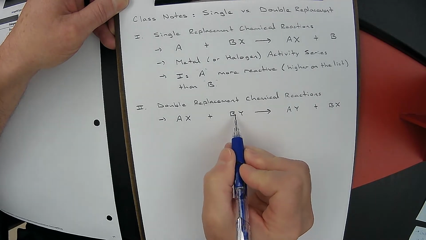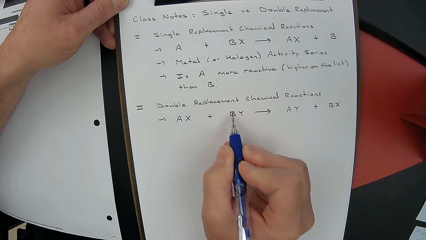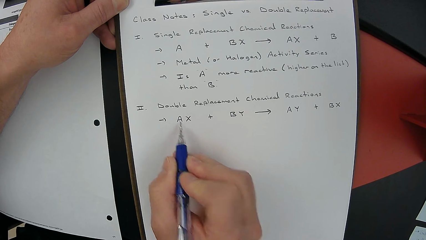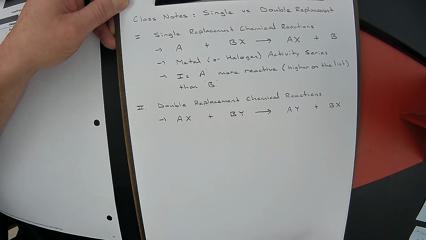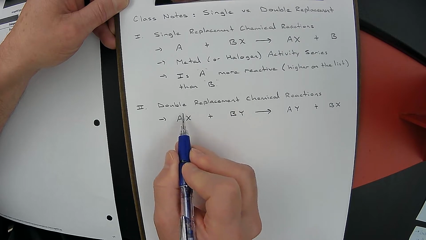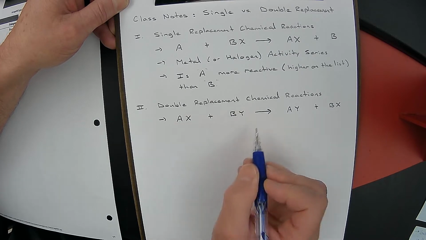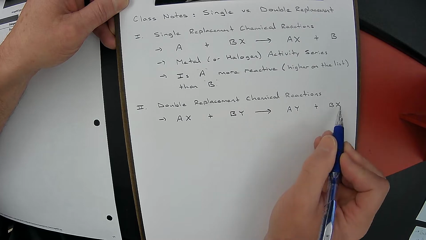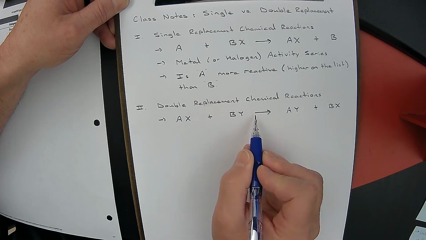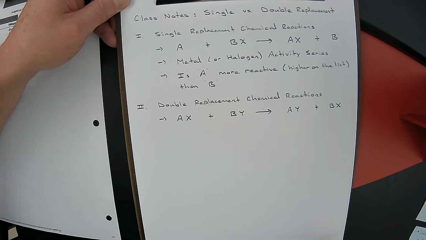Notice I write B first because in this case B is going to be the positive and X is going to be the negative. And of course A will be the positive and Y will be the negative. So in this case, we have two substances that we are reacting to form two other substances, a double replacement. A goes with Y and B goes with X.